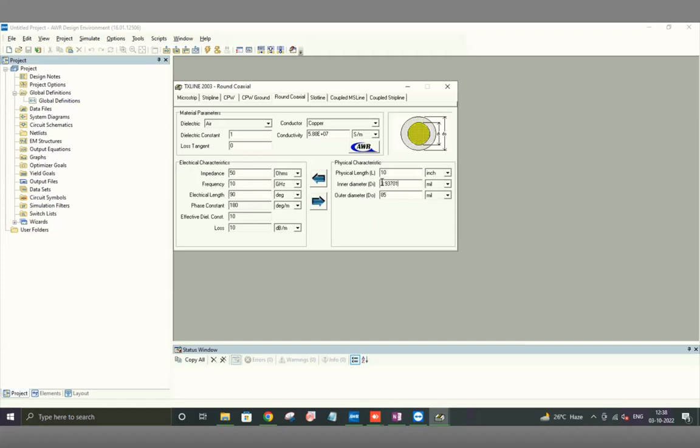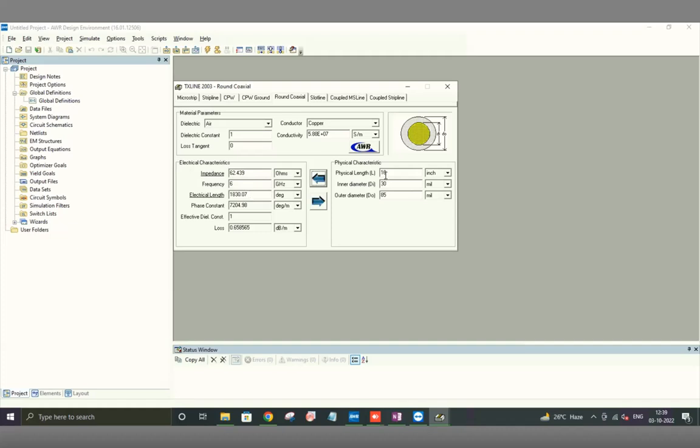Right now I don't know what the center diameter is. Let's choose 6 gigahertz as a reference frequency. These things we can ignore. I click this button, and it gives me that the characteristic impedance is 62 ohms. The electrical length is 1830 degrees.